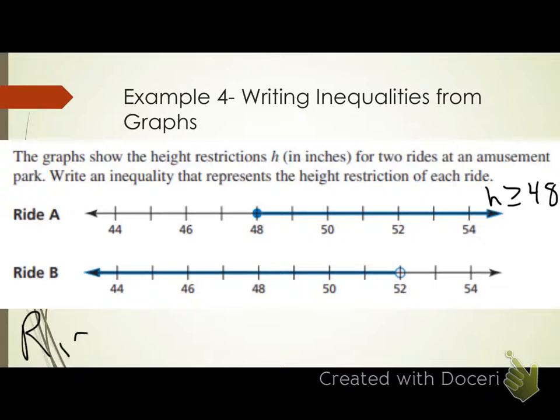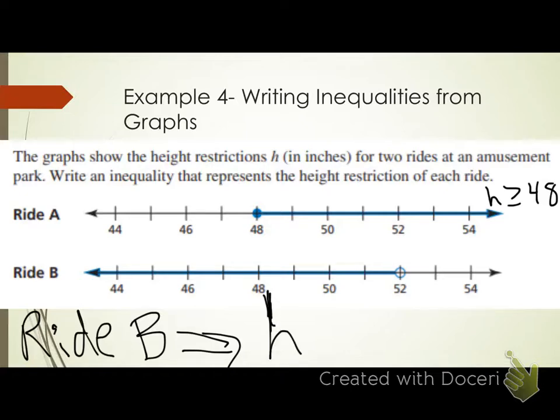Ride B. Once again, I know I'm using the variable h. My number for ride B is 52, because my point's at 52. And notice that it's shaded to the left of 52.